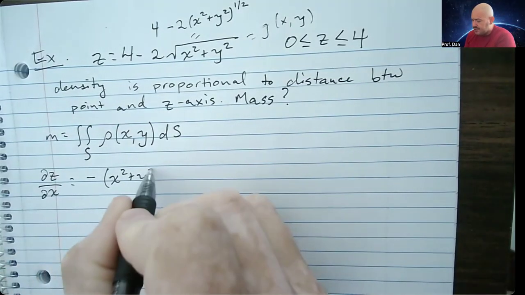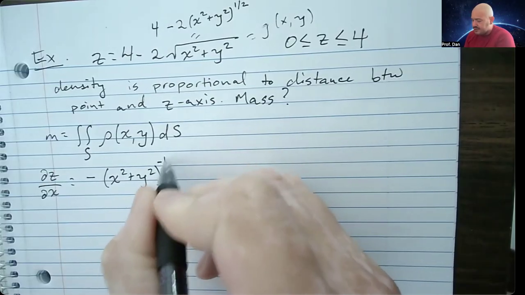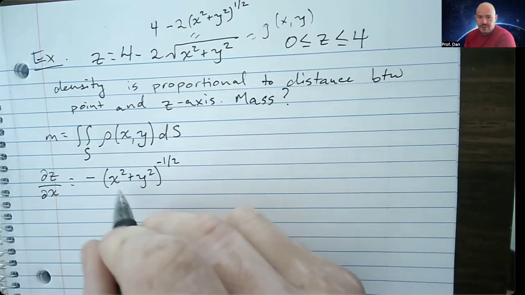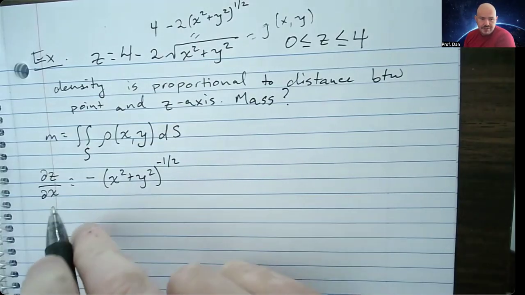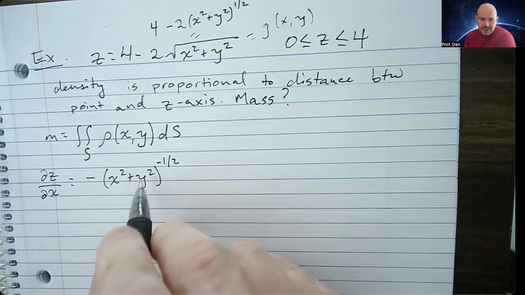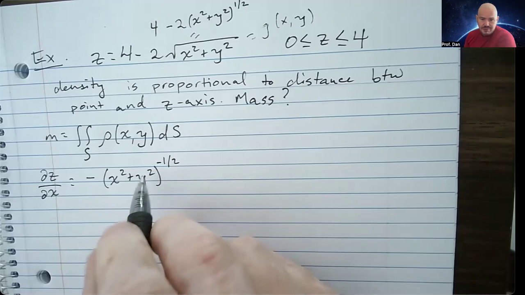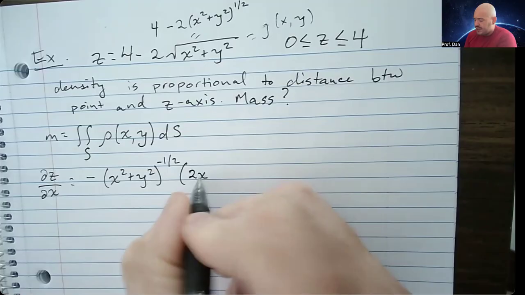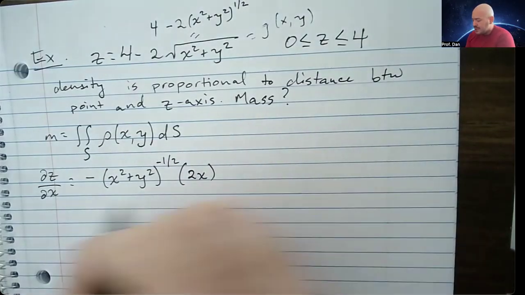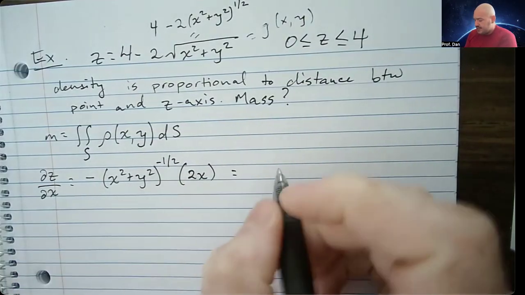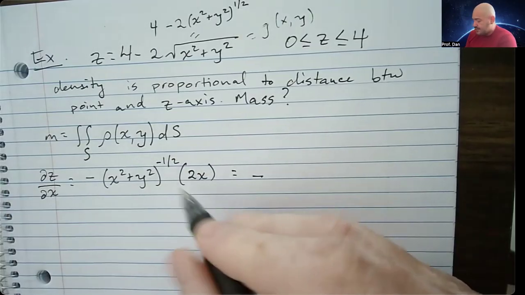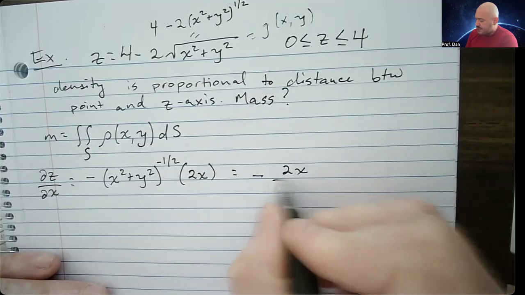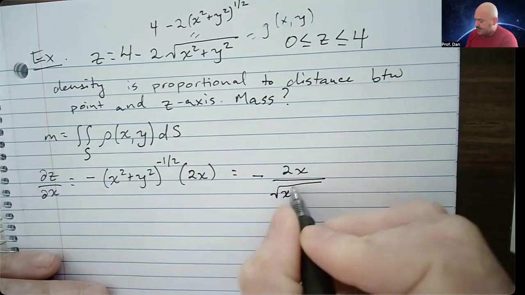Remember, with chain rule, you don't change the inside, but you do take 1 away from the power and you multiply by the derivative of the inside. Since we're taking the derivative with respect to x, the derivative of y squared will be 0, and the derivative of x squared will be 2x. So if I write this out in square root form, I end up getting -2x over the square root of x squared plus y squared.